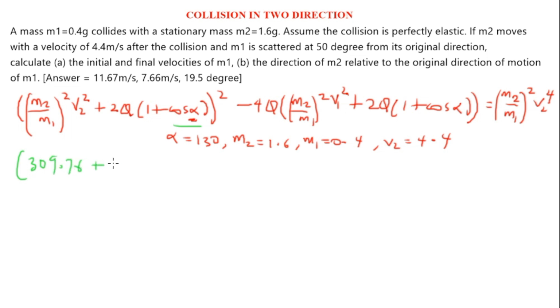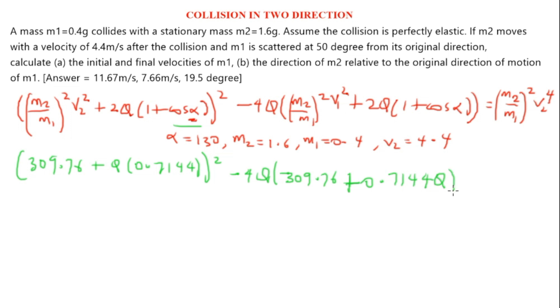So it will become 309.76 plus q, open it, then 0.7144, then put the square, then minus 4q, then our p squared again, so we are going to have 309.76 plus 0.7144q.